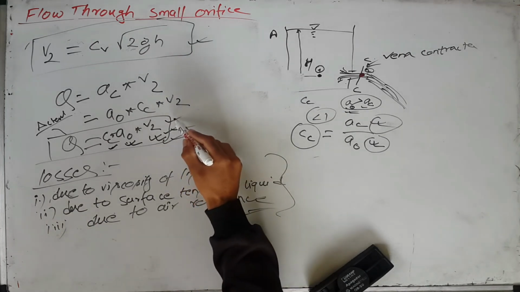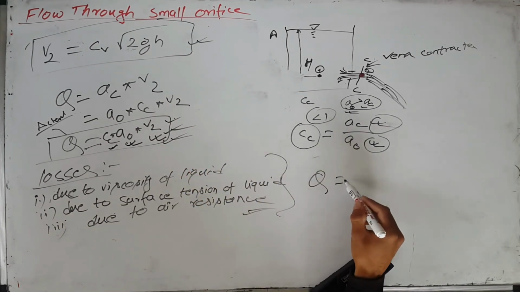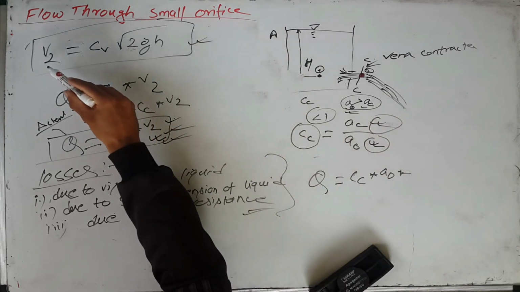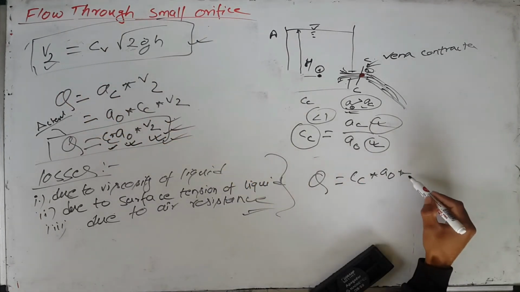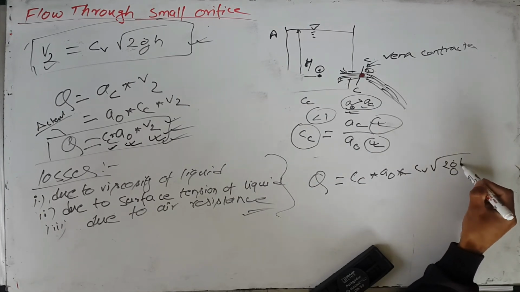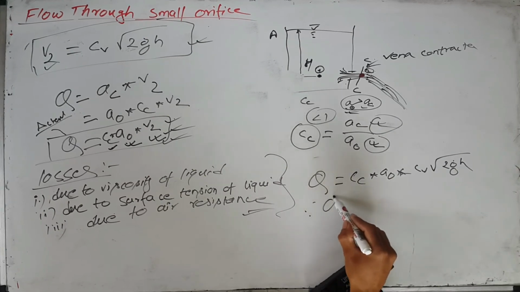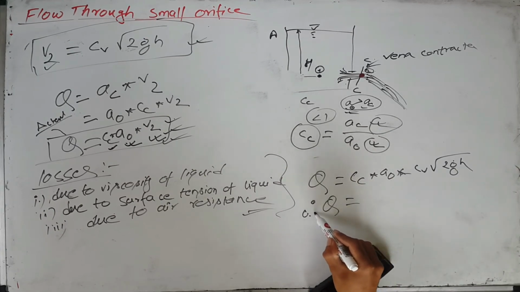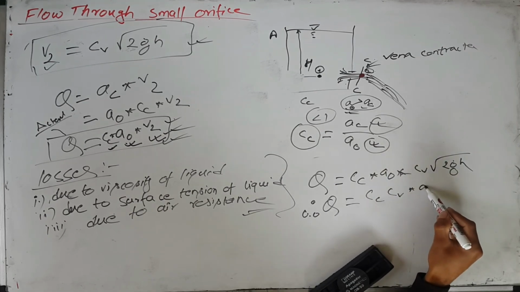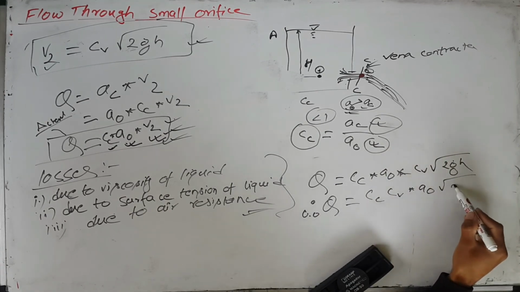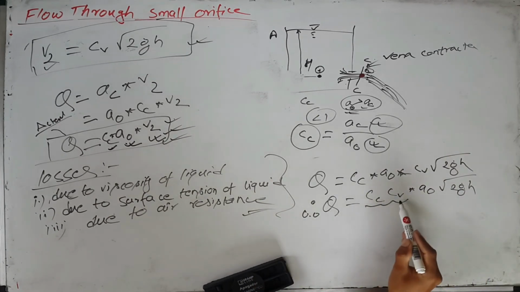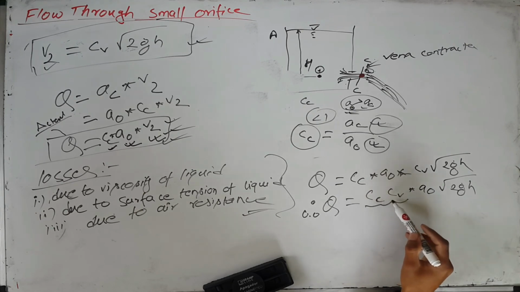In place of V2 we can write Q equal to CC into A0 into this value of V2. We substitute here. Therefore the value of Q becomes CC into CV into A0 into root under 2gH, and we can substitute this value of CC into CV.